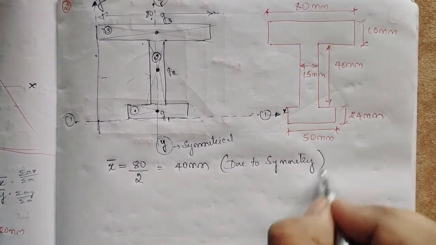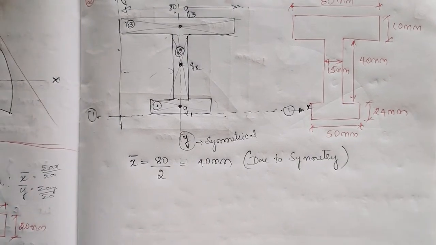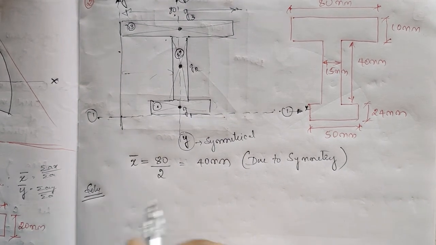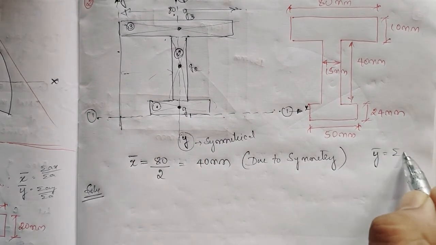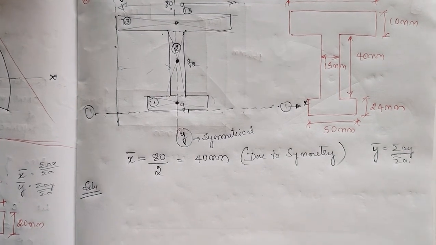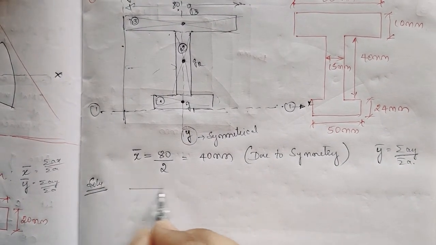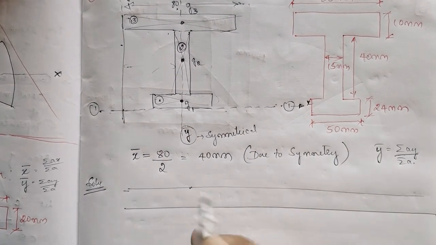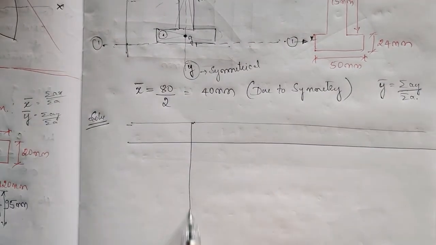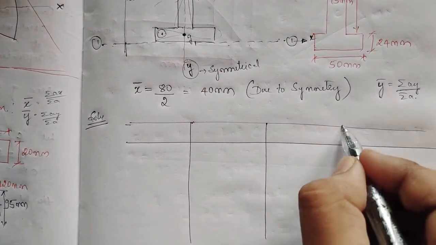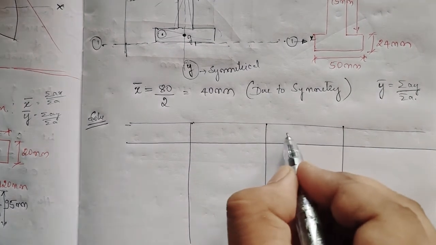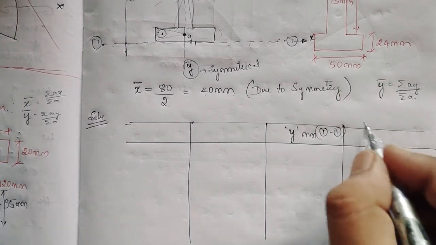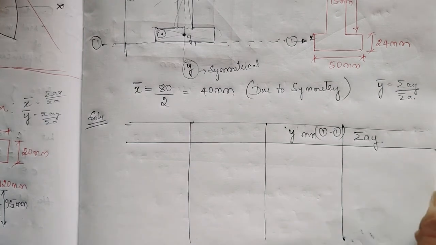If there were no symmetry, we would have to find it using the tabulation form, with a couple more tabular columns, that's all. I will find the solution. What I have to find is y bar, which is summation of ay by summation of a. See, now I will take 4 columns. The first column is for component, next is for area, next is for the distance y in mm from the centroidal axis 1-1, and this is moment of area.